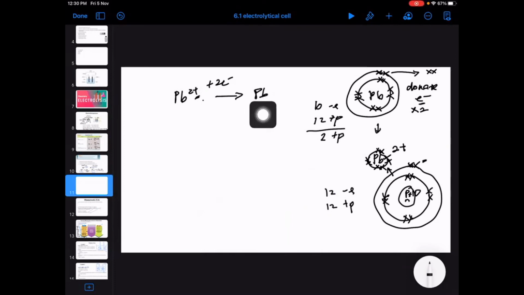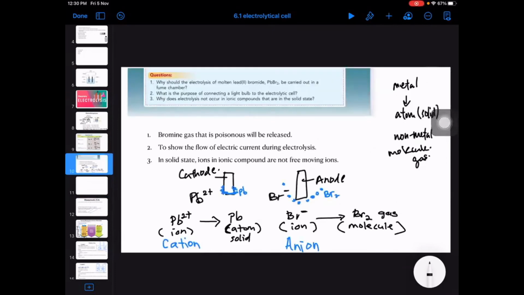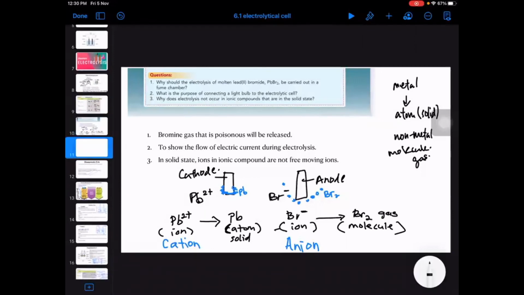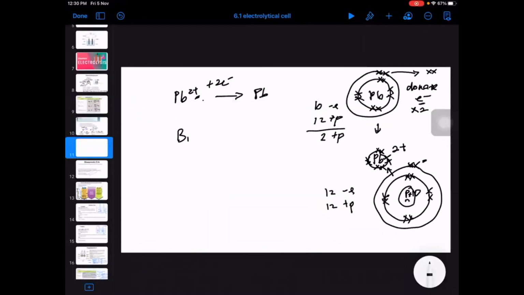Okay, now we look at bromide. Bromide is the opposite. Bromide is a negative charge because it receives 1 electron. So let's say this is a neutral, no charge bromine atom. 1, 2, 3, 4, 5, 6, 7.